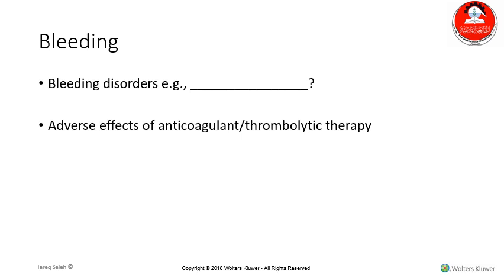For example, we have a set of bleeding disorders that are mostly inherited, such as hemophilia A and hemophilia B. And we also need to treat bleeding resulting as an adverse effect of several drugs or toxins. And we've discussed that bleeding or hemorrhage is the major adverse effect of many antiplatelets, anticoagulants, and thrombolytic agents. So what are the options that we have for the treatment of these conditions?